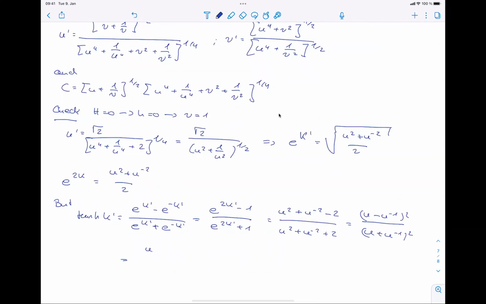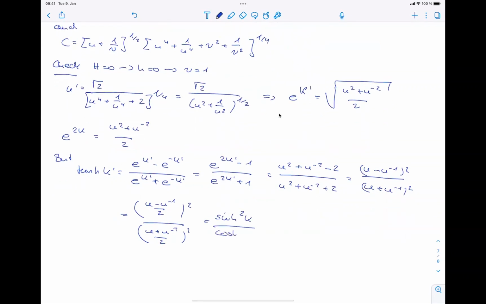Let me expand this again and add a 2 here, because then it becomes obvious what we have here. We can write this again as sinus hyperbolic squared of k divided by cosine squared of k, and it's just tangent k squared. So that's exactly the relation that we had for the Ising model without an applied field. Okay, well done.